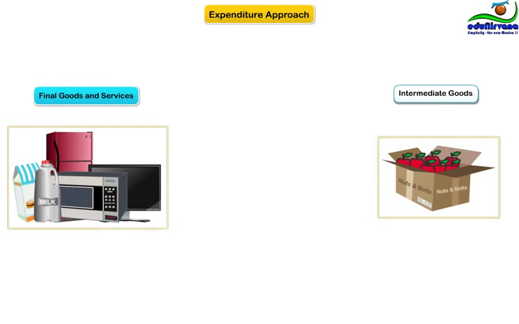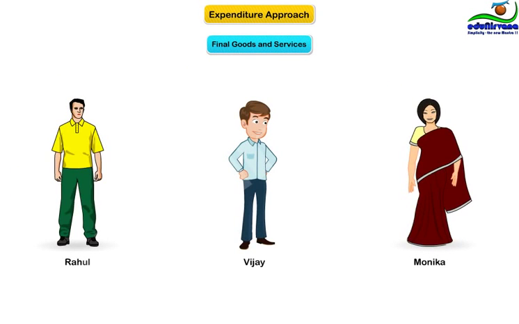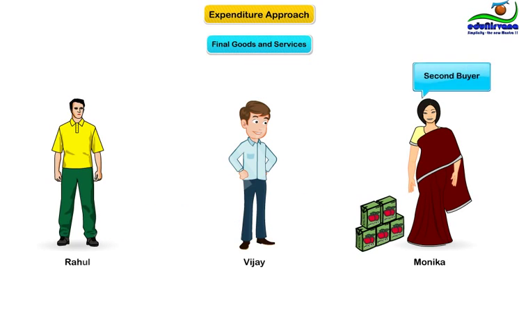I am a little confused. See, a final good or service is a good in the hands of the ultimate consumer. Think of buyers at each stage of value creation. The first buyer in our simple economy was Vijay. He bought apples from Rahul. The second buyer was Monica, who bought the apple juice from Vijay.